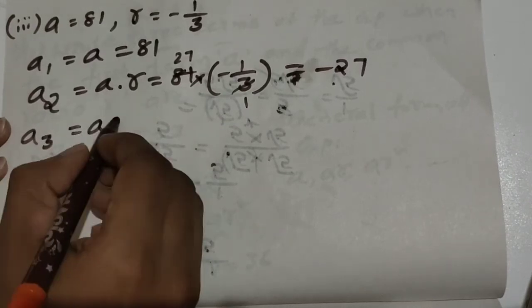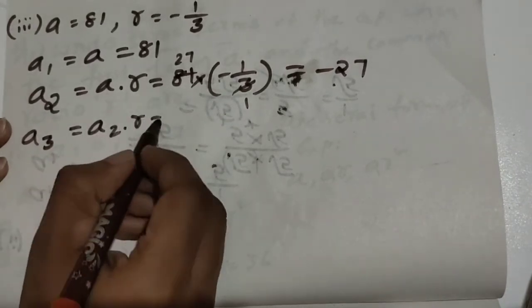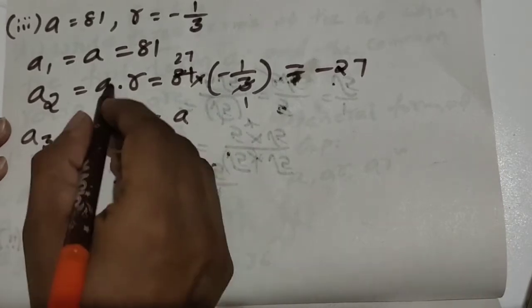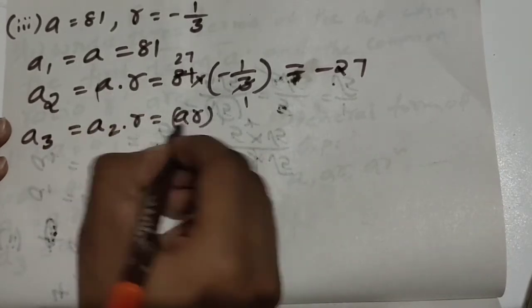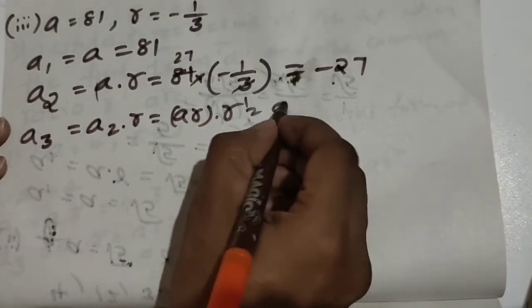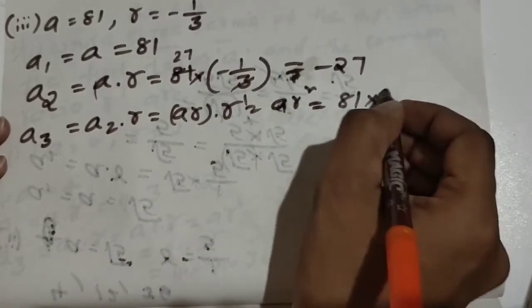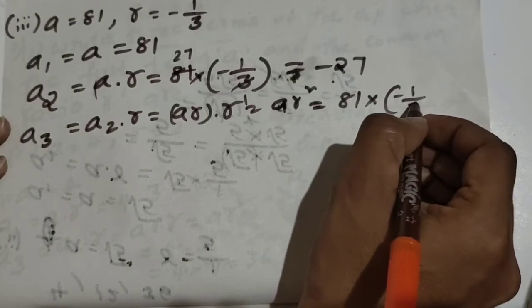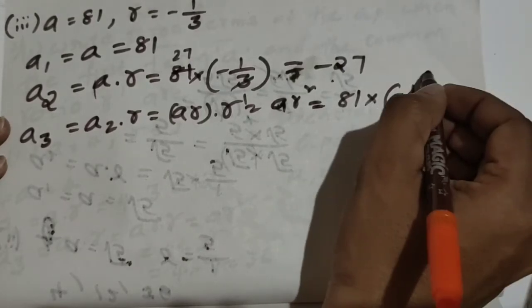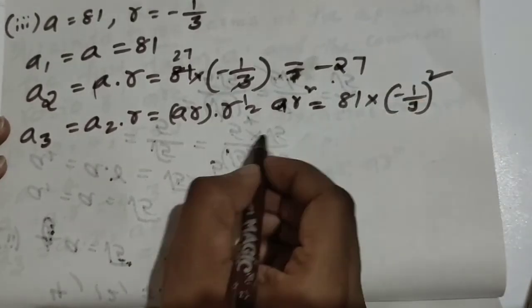Okay, and then a3, simply you can write it as a2 into r. A2 means simply ar into r, that is ar square. Then here a value 81 and r value minus 1 by 3. We have r square, so minus 1 by 3 whole square.